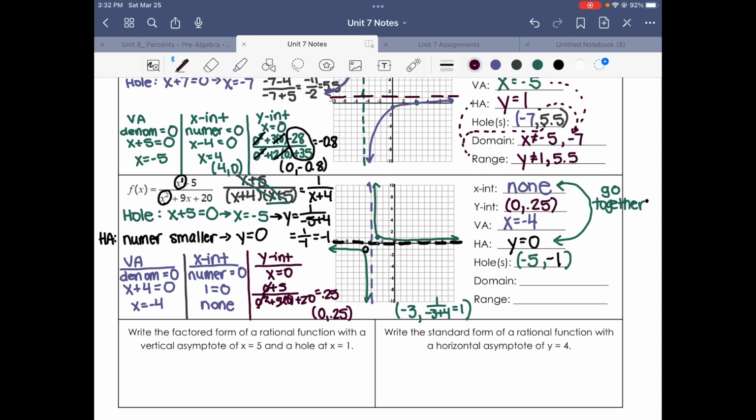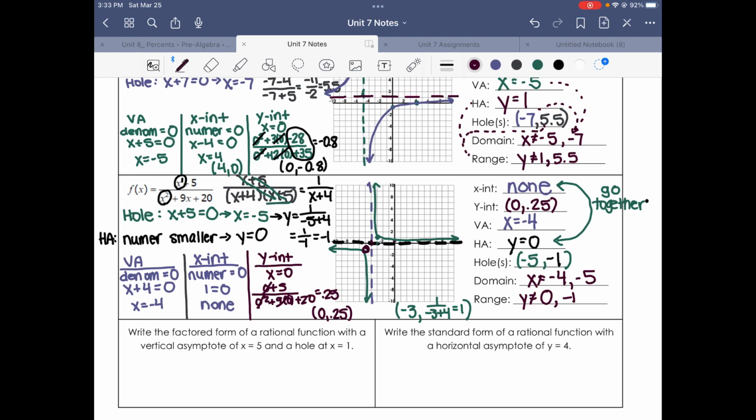For my domain, my vertical asymptote was x equals -4, and the hole was at -5. So here at -4 and here at -5, I had 2 breaks in the x values. For the range, it was 0 for the horizontal asymptote and -1 for the hole.